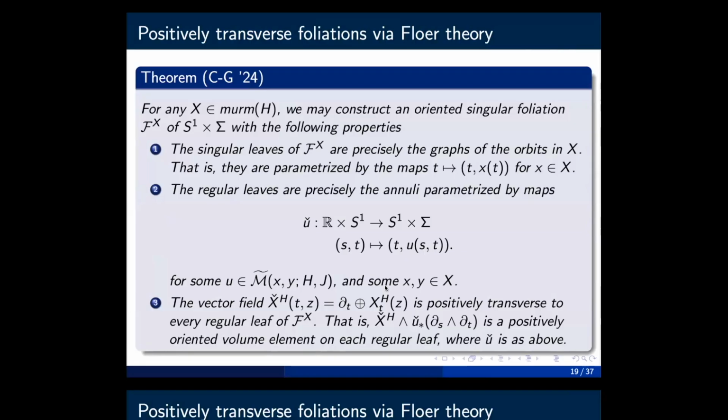then it turns out, if I have u in the moduli space of Floer cylinders for J, then of course I can think of ũ, I can think of its graph, right?